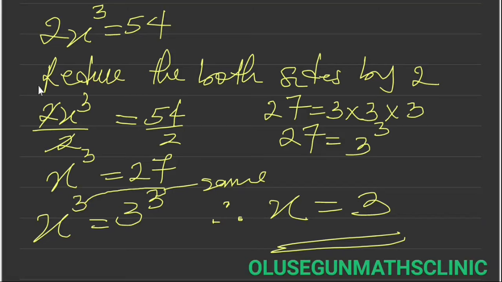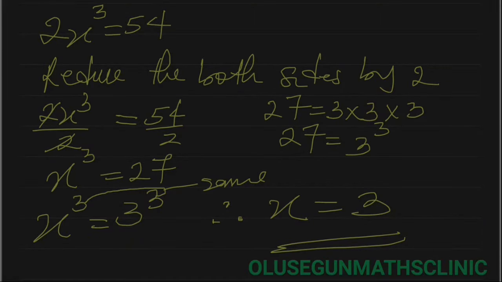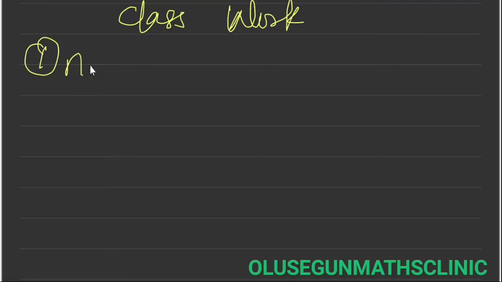So let me write the classwork for the last stage. The first one is n raised to the power minus 2 over 3 is equal to 9.